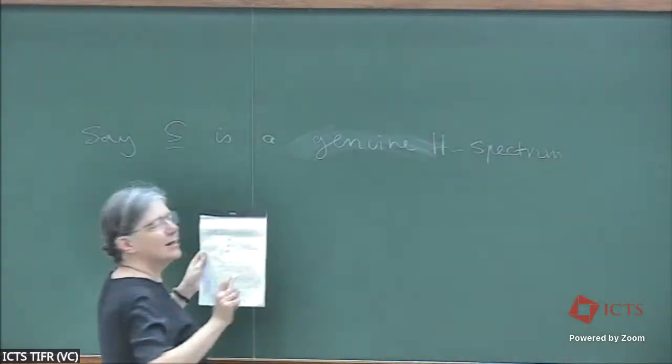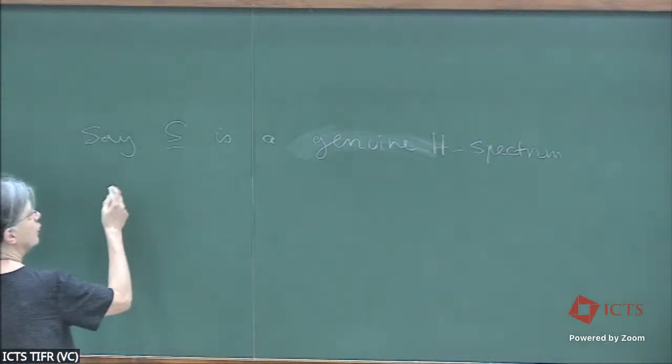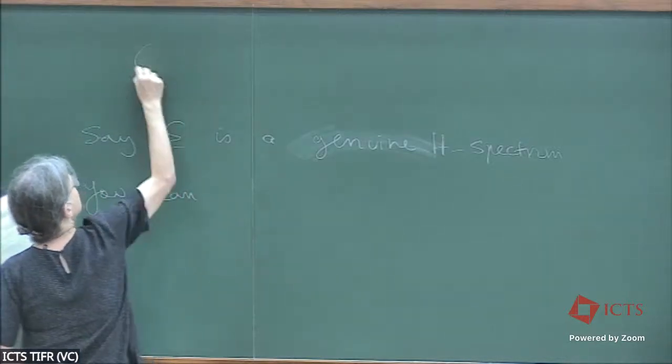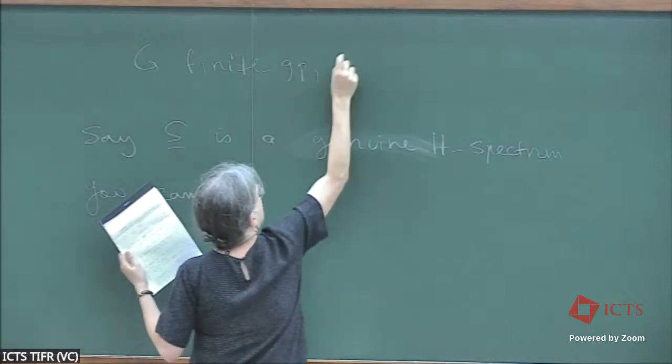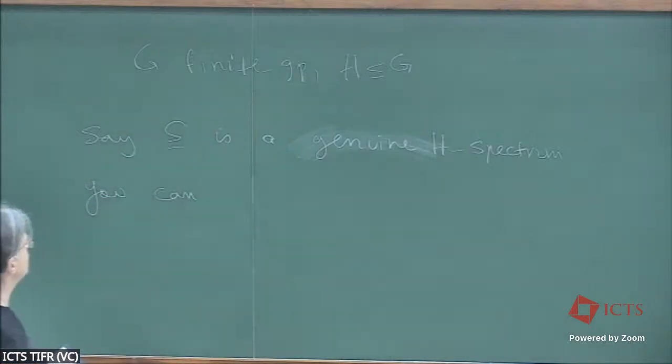I don't want to talk about the details. I want to talk about the idea. I don't need any products. And of course, G is a finite group, and H is a subgroup of it. So you have a genuine H spectrum.